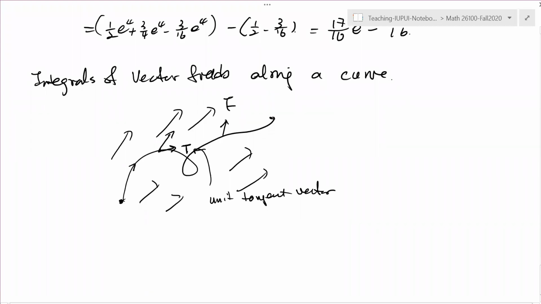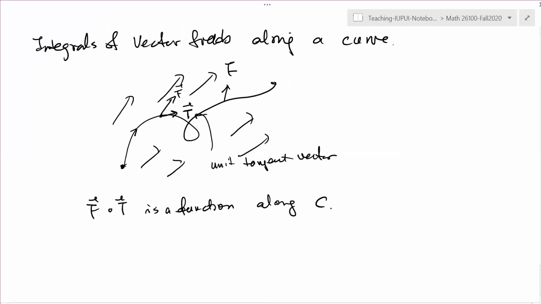Then you have the inner product, right? Then F dot T is a function along the curve. Do you agree? Then you can integrate this function.